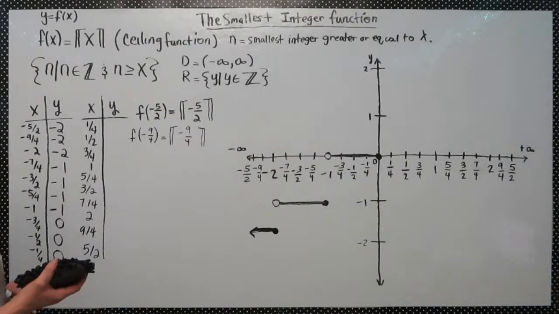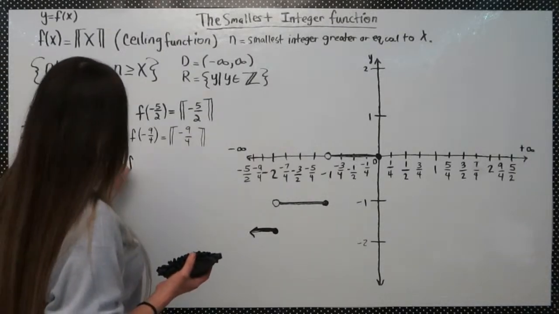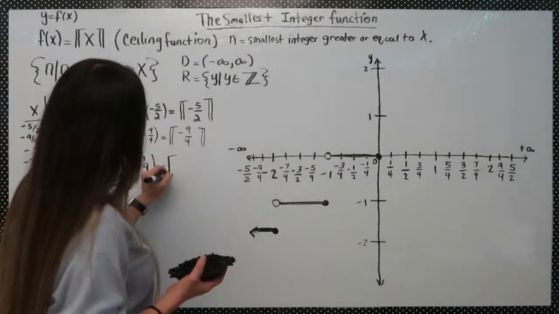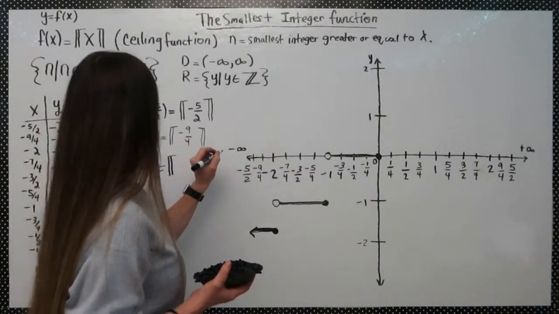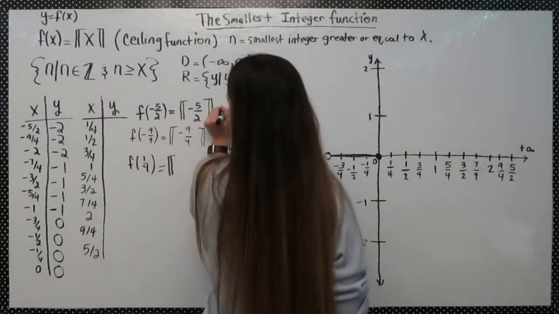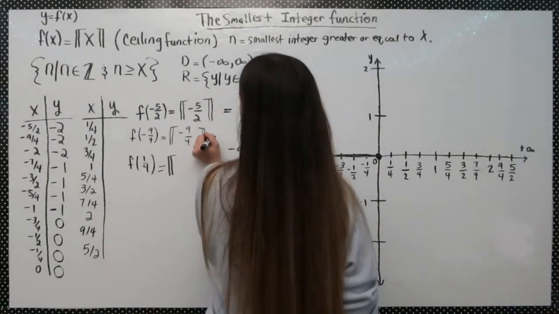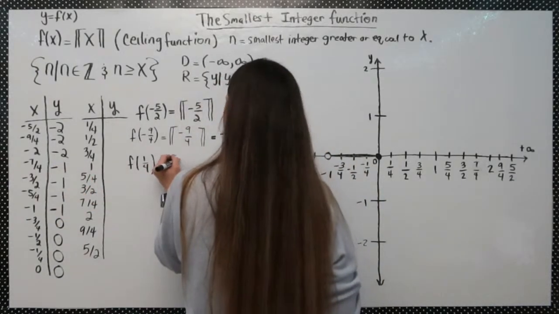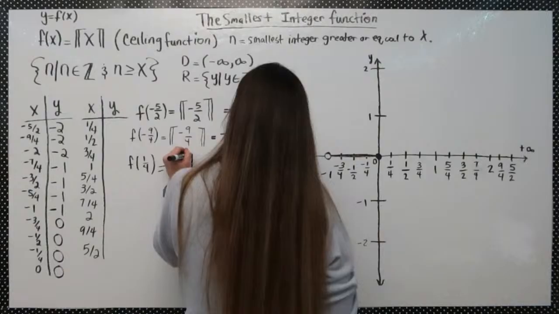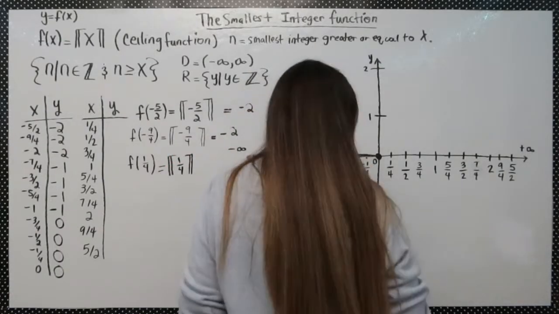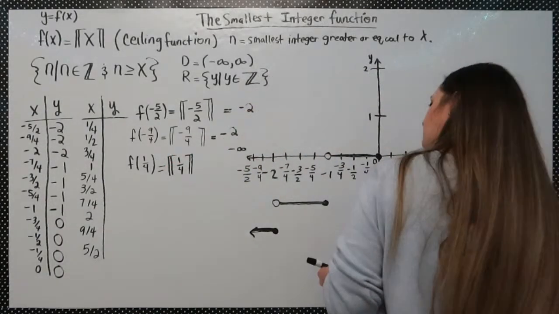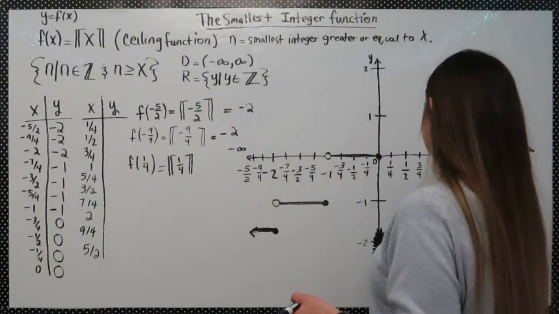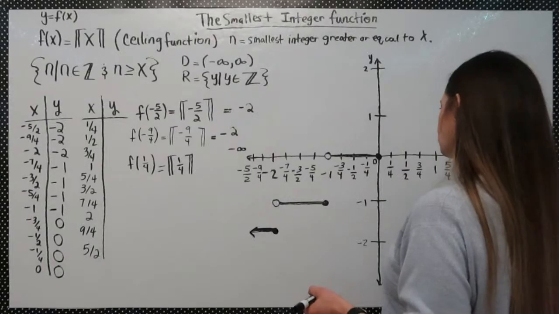So let's see, 1/4, f of 1/4. So this is going to equal -2. That's why I put them here, being silly. So we've got 1/4 here, and we're looking for the smallest integer that is greater than or equal to x.